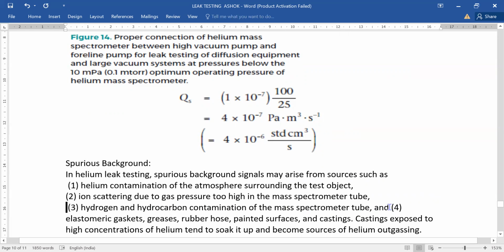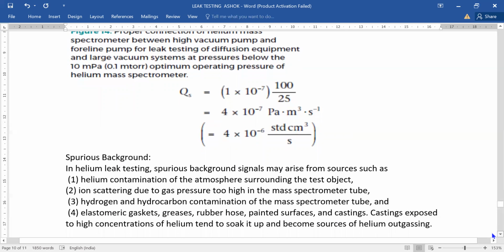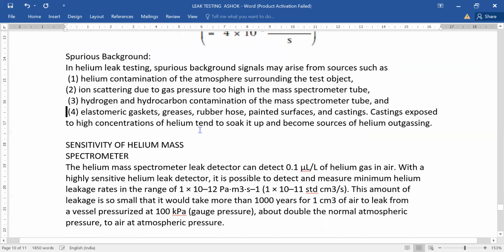Also, elastomer gaskets, grease, rubber hose, painted surfaces and castings exposed to high concentrations of helium tend to soak it up and become a source of helium outgassing. So this is the outgassing, why outgassing is there. That is the spurious background.